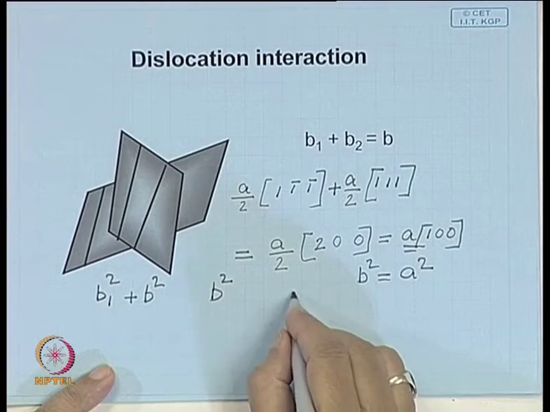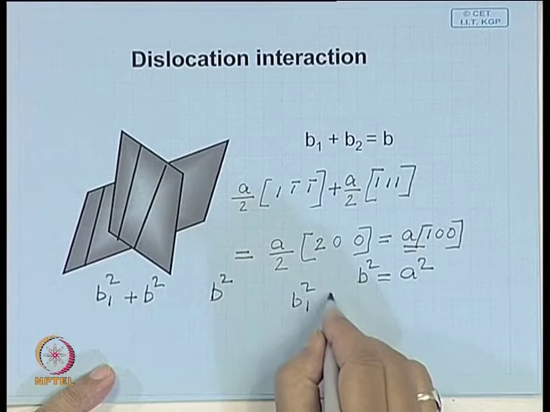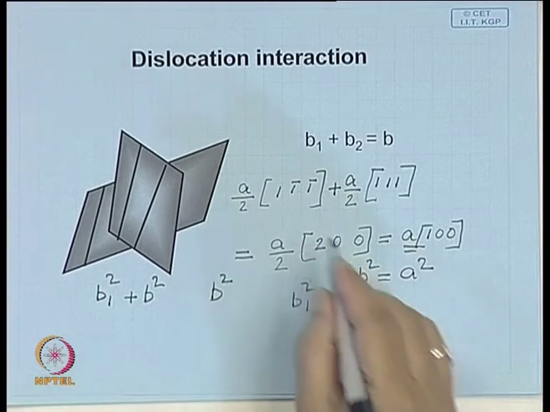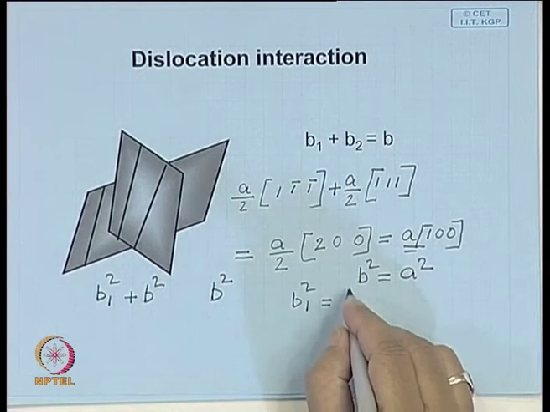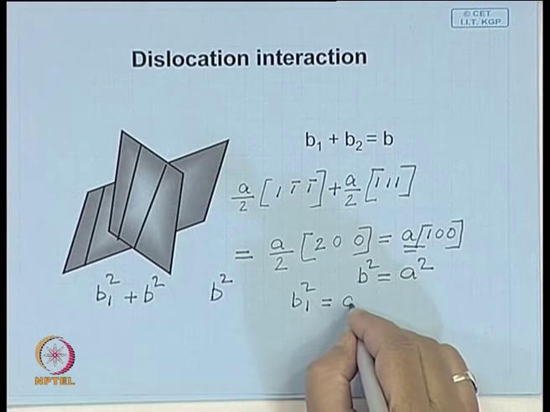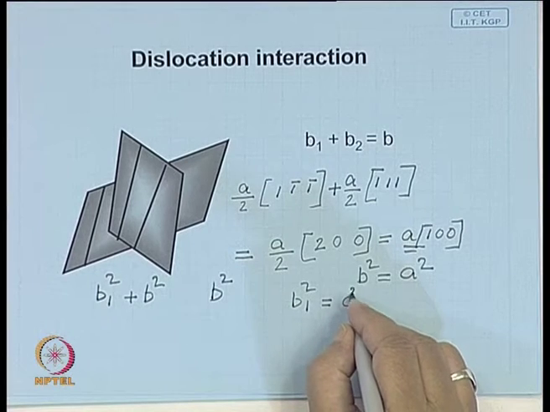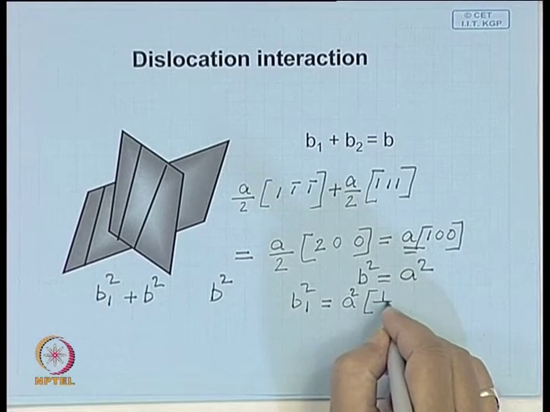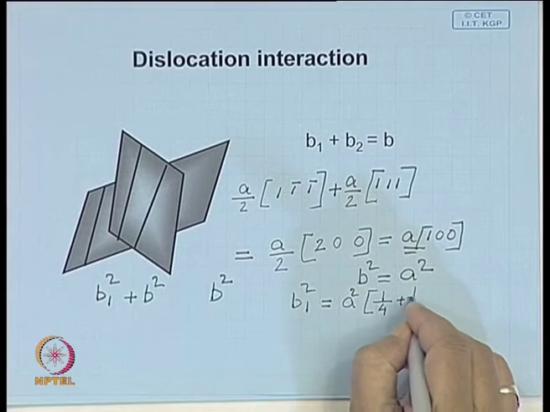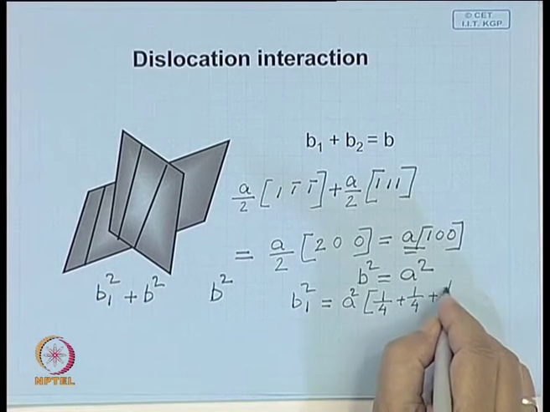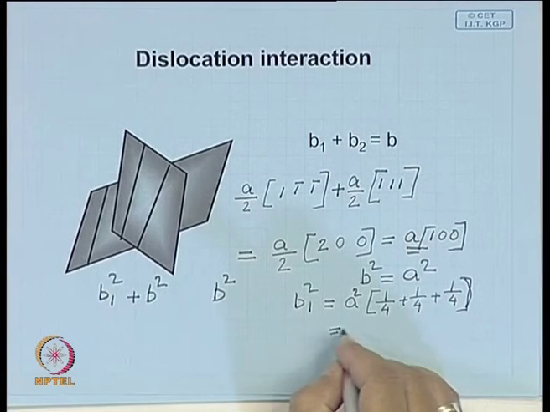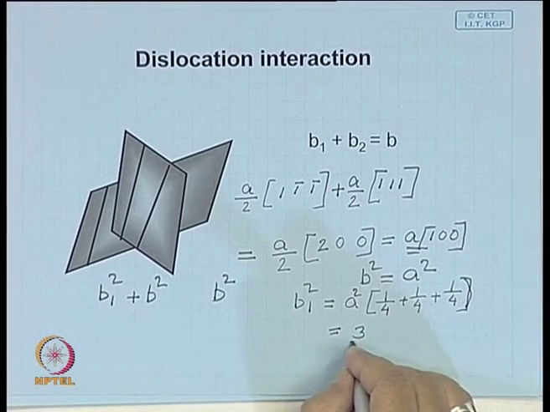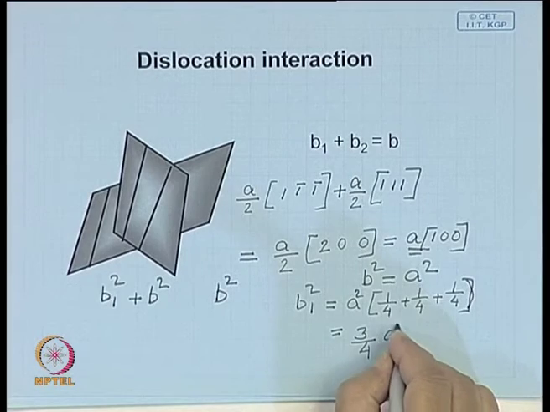And b1 square is a square times 1/4, 1/4, 1/4, so basically this will be 3/4 a square.